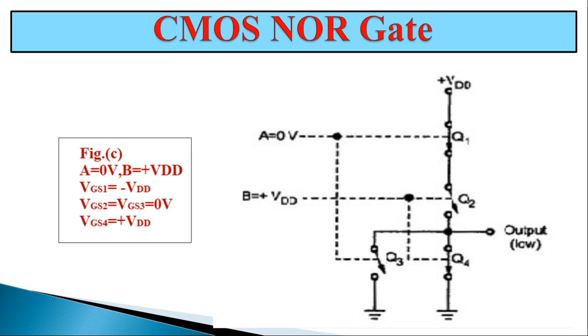Similarly, if we reverse the case, that is A equal to plus VDD and B equal to 0 volt, then 1 at A input and 0 at B input makes the transistor Q1 off and Q2 on, at the same time makes the transistor Q3 on and Q4 off, and produces the output 0.